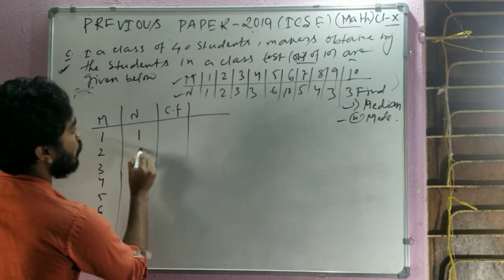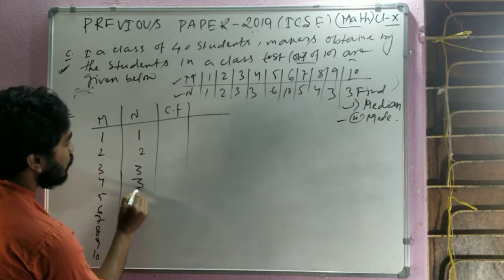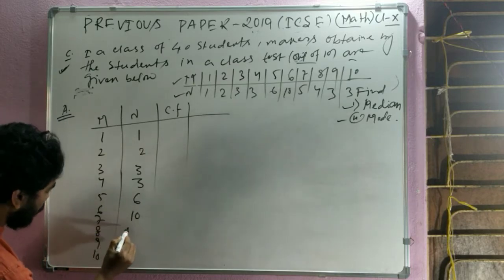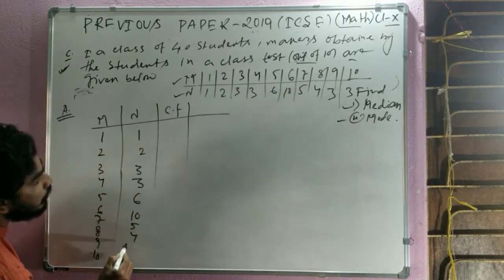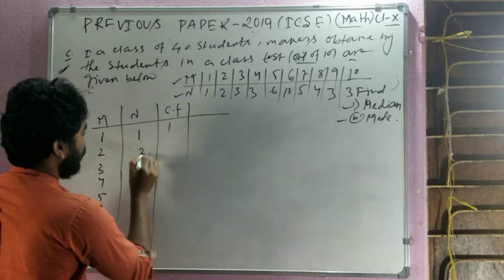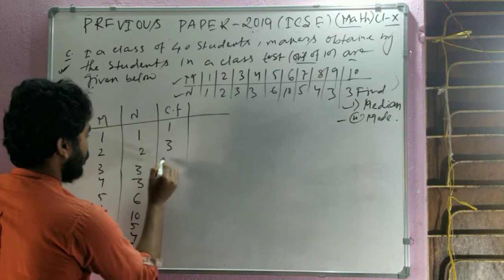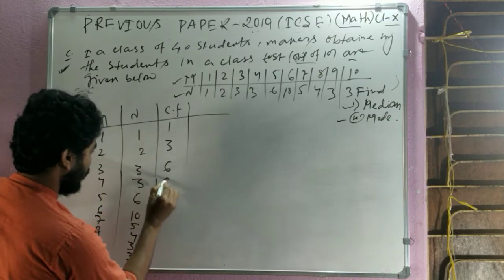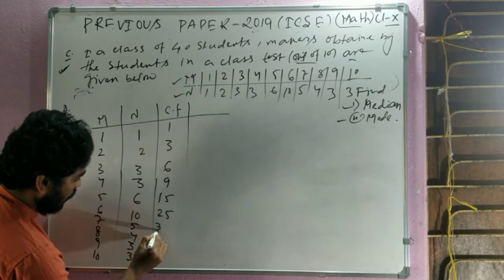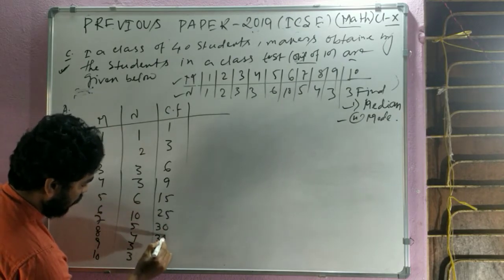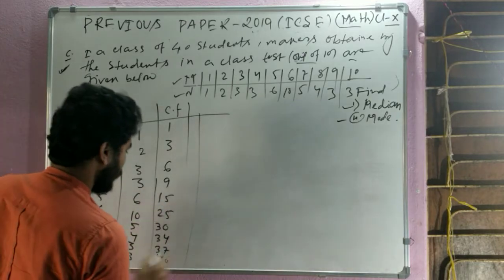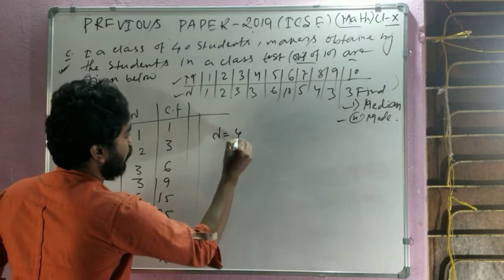Number of students 1, 2, 3, 3, 6, 10, 5, 4, 5, 4, 3, 3. Cumulative frequency 1, 3, 6, 9, 15, 25, 30, 34, 37 and 40. So n equals 40.